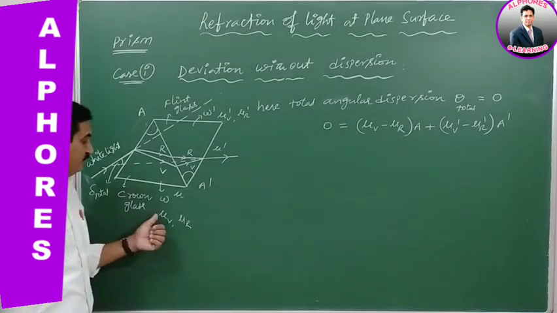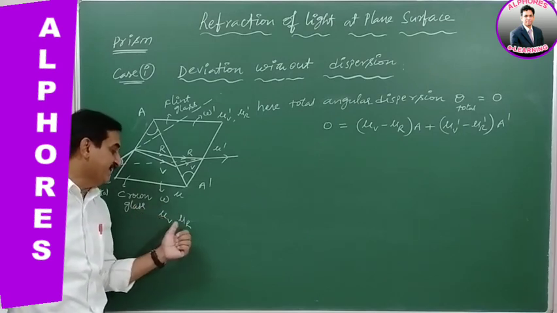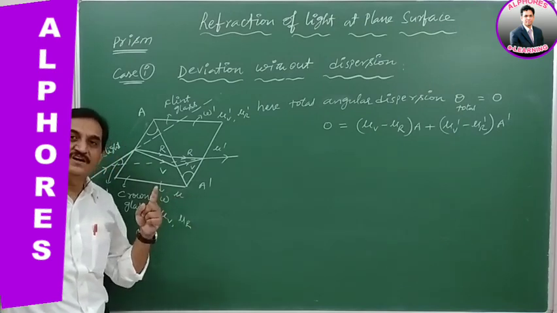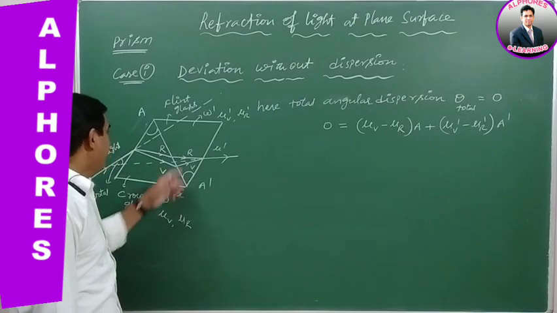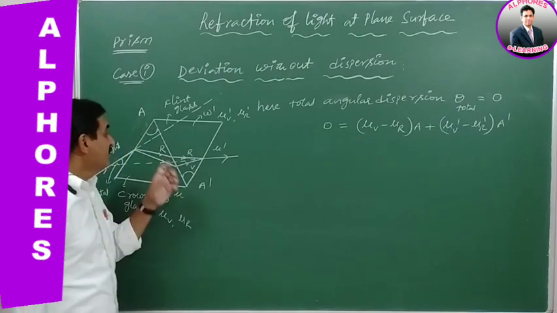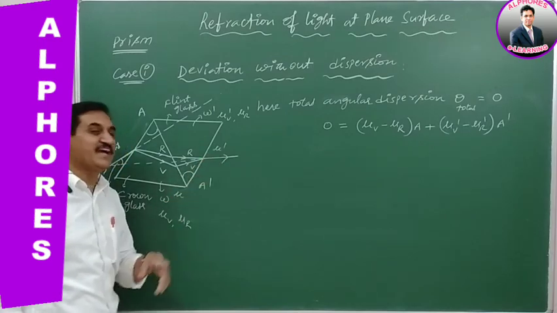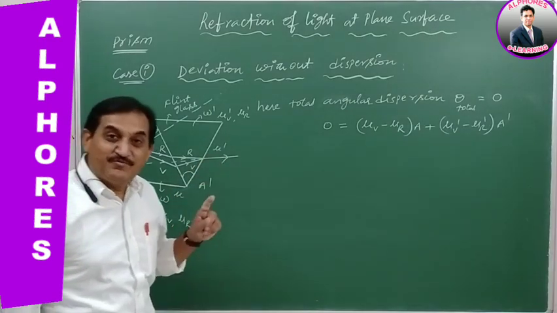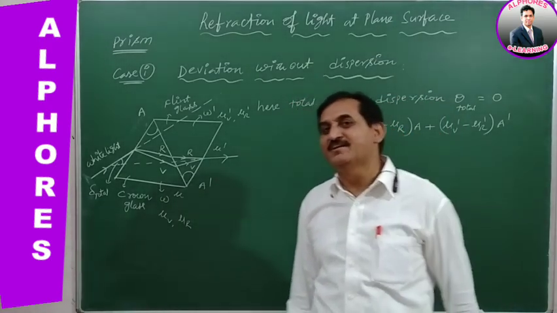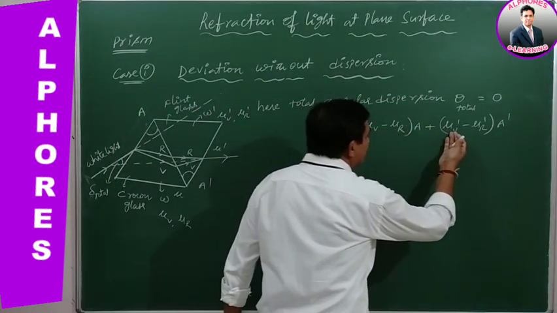Keep in mind, mu v and mu r are the refractive indices of the material of the crown glass prism for violet and red color respectively, and mu is the refractive index for yellow color, that is the mean color. And similarly here mu v dash and mu r dash are the refractive indices of flint glass material for violet and red respectively, and mu dash is the refractive index of flint glass material for yellow colored light, that is the mean color, average color.